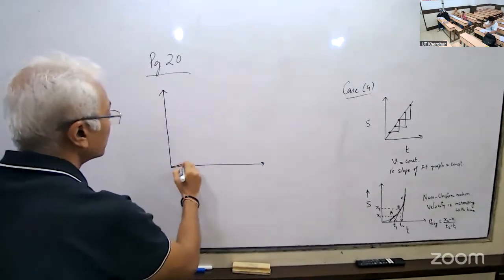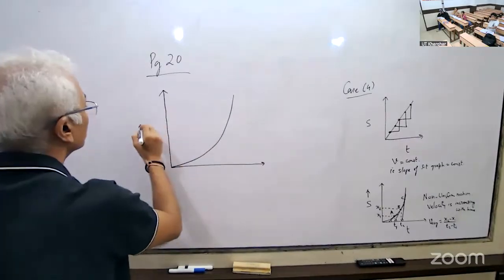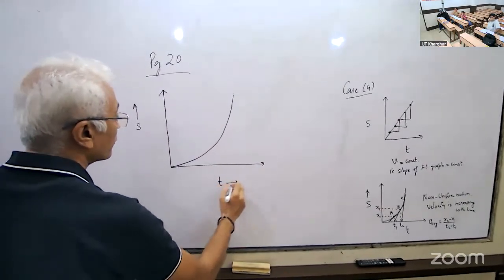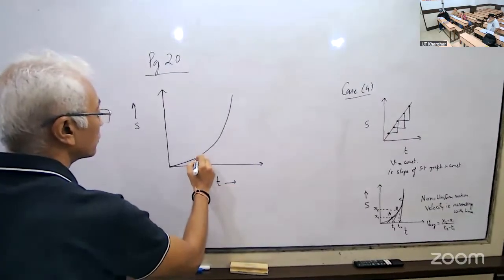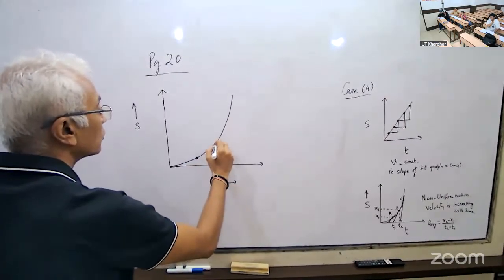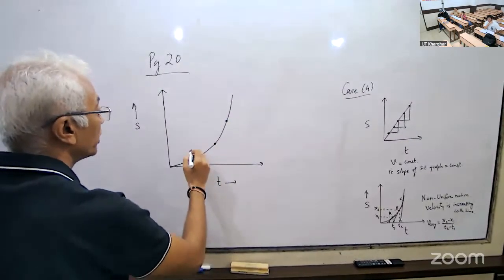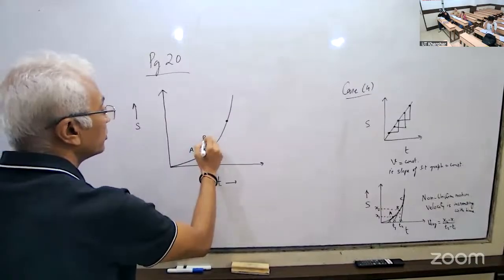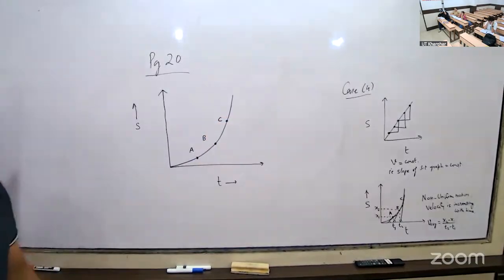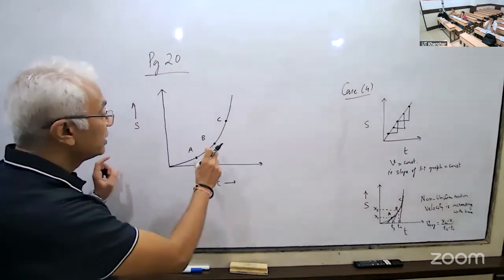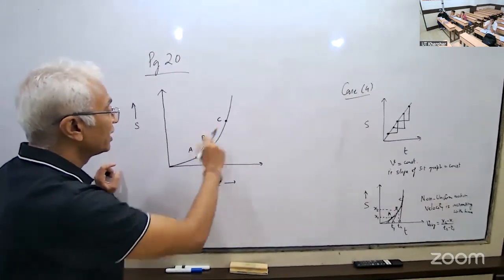Suppose the ST graph is like this. Let us say we have 3 points A, B, and C. What is the average velocity between A and C?